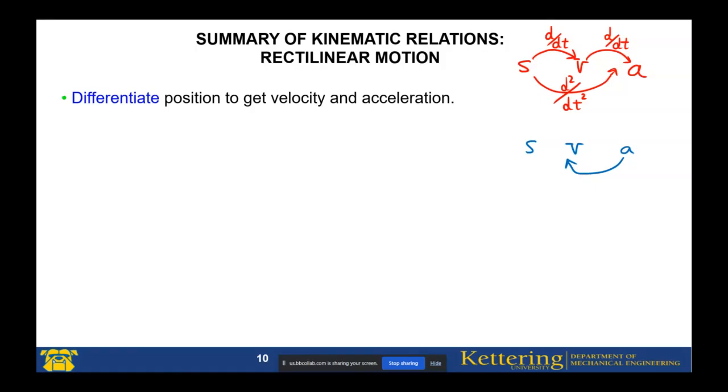If I have the acceleration, I just need to take the integral. Also, if I want to find the position from the velocity, I need to take the integral of the velocity. This loop helps you a lot in finding velocity from position, acceleration from position, velocity from acceleration, or position from velocity.